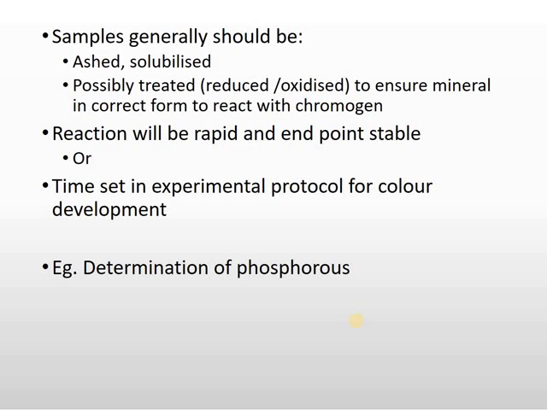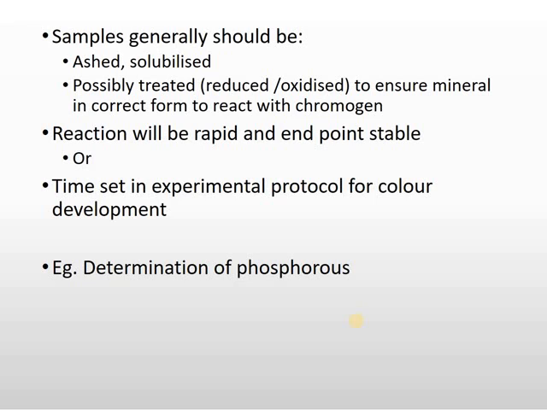The samples will have to be etched, solubilized, and possibly treated via oxidation reduction to ensure that the mineral is in the correct form to react with the chromogen, because the ion has to be in its reduced form and not its oxidized form for it to react with that chromogen.